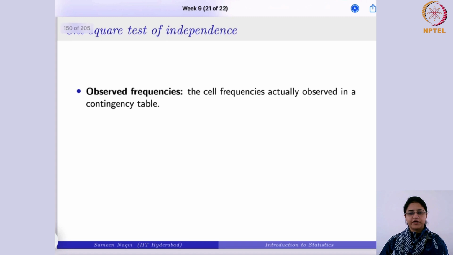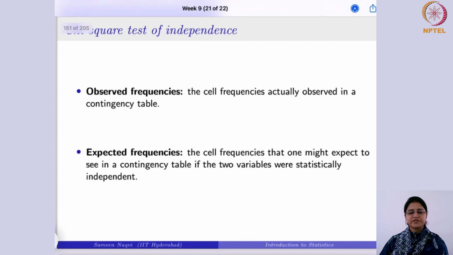Now we need two important terms for understanding the chi-square test. The first term is observed frequencies, or observed count. These are the cell frequencies actually observed in the contingency table. Here we will make use of the contingency table that we studied in, I guess, the third week of this course, and from the contingency table we are going to make inferences about the independence of the two categorical variables.